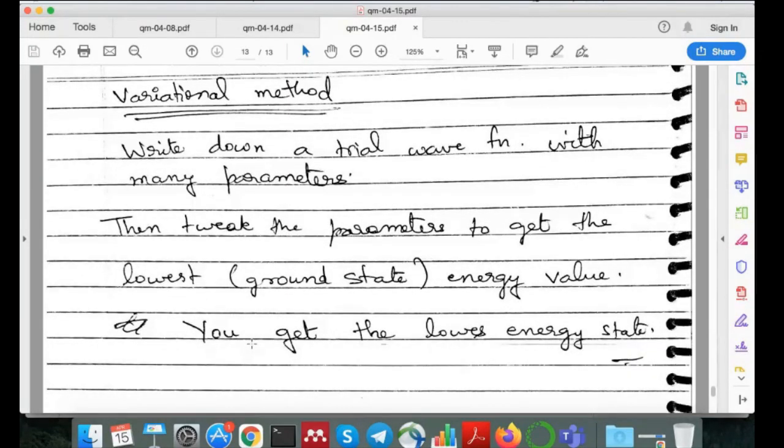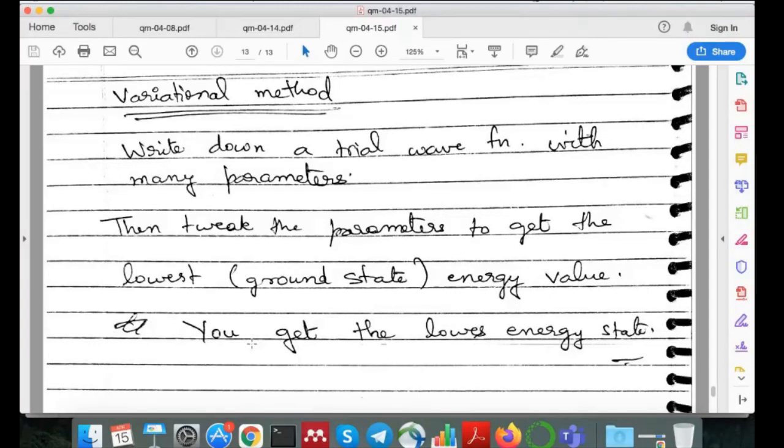So the perturbation method and the variational method are the two approximation methods used to solve such complicated Schrodinger equations. I'm not really going to go into that, because that is a topic for advanced quantum mechanics.